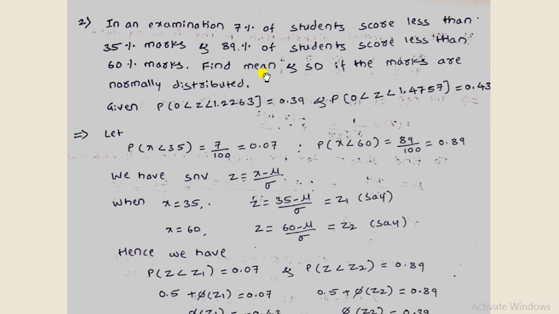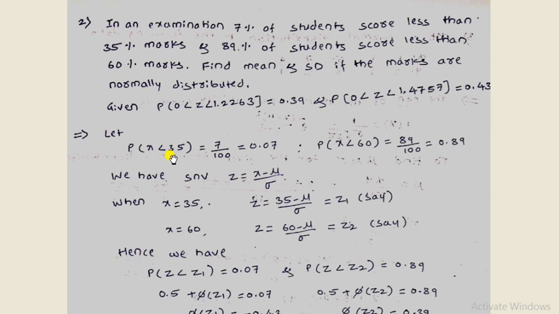So here we will calculate mean mu and sigma by normal distribution. Given data: phi of Z as 1.2263 is 0.39 and phi of Z as 1.4757 is 0.43. Now the solution.